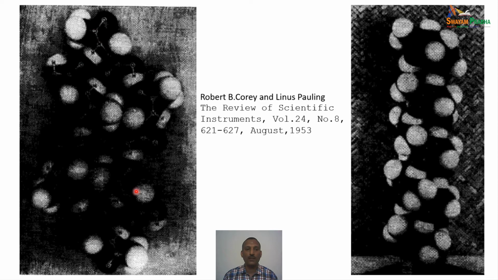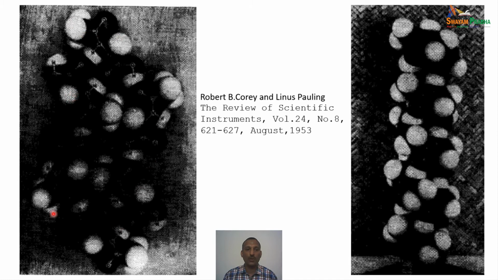And this is the original paper reported by Robert Corey and Linus Pauling. Here they had shown the space filling model for the protein structure. I don't know whether you can see very carefully, here the hydrogen is represented. So wherever we see the white color, these generally represent hydrogen atoms.